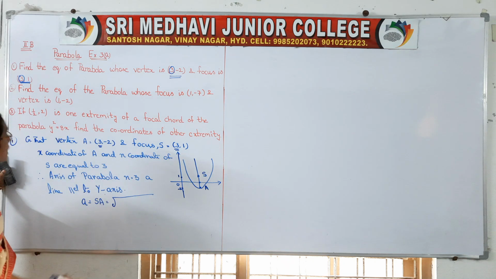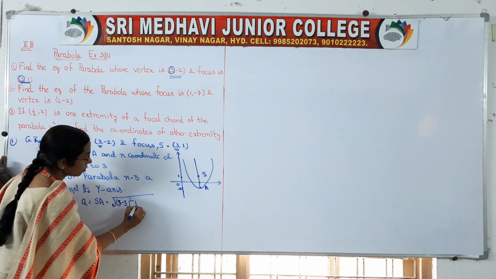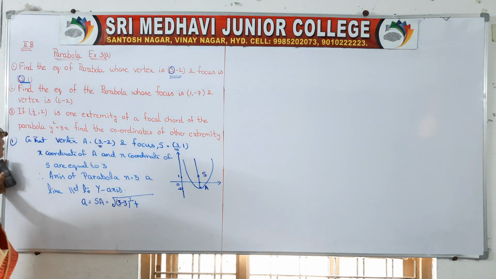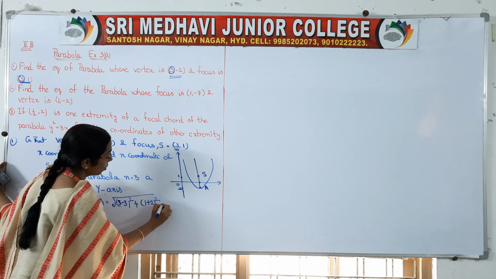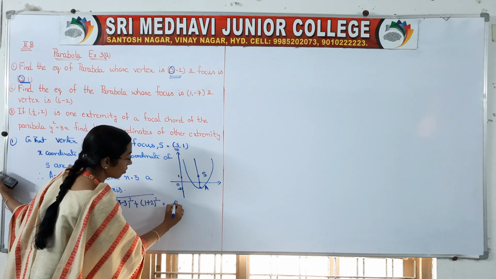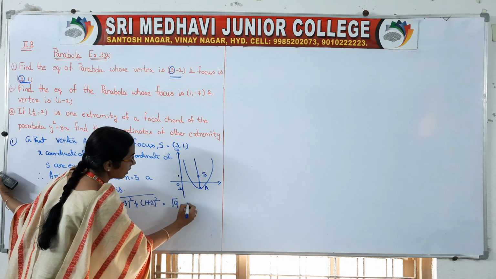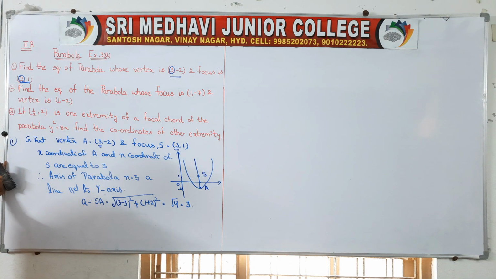So what are the points here? Here it is (3 - 3) whole square plus, come on, next point, (1 - (-2)) whole square. Okay, this is 0 square, this is 3 square, so root 9 is equal to 3. You got your a value as 3.